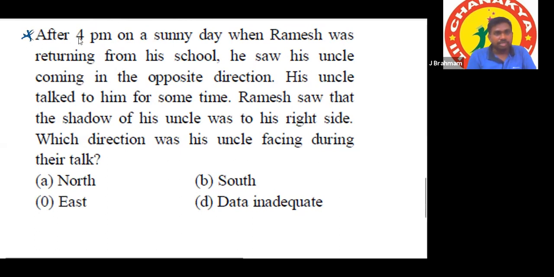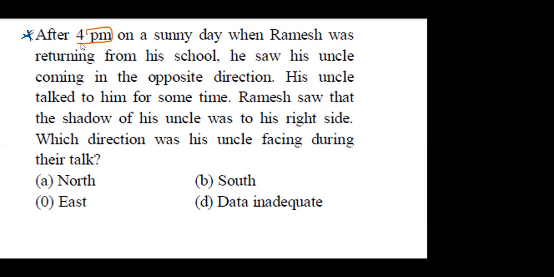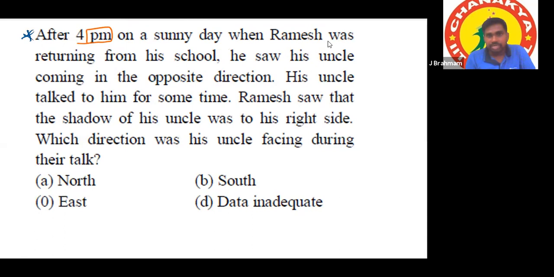Same thing. Here after 4 p.m., morning or evening? Evening, sir. Evening. And a sunny day, Ramesh was returning from his school and he saw his uncle coming in the opposite direction. Okay, this is required for us: opposite direction. His uncle talked to him for some time. Ramesh saw the shadow of his uncle falling to his right side.